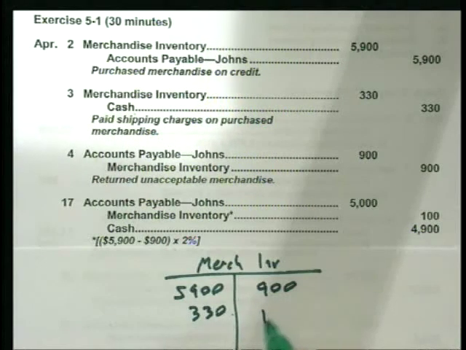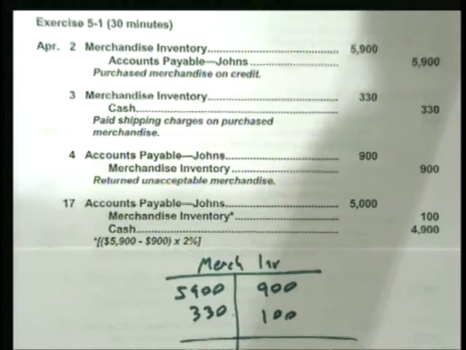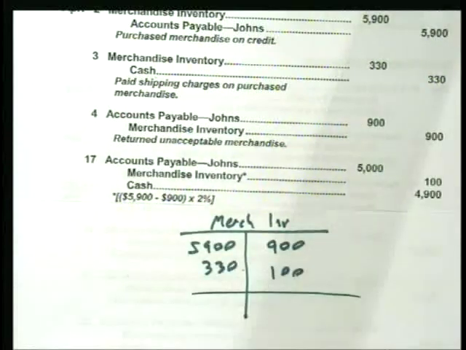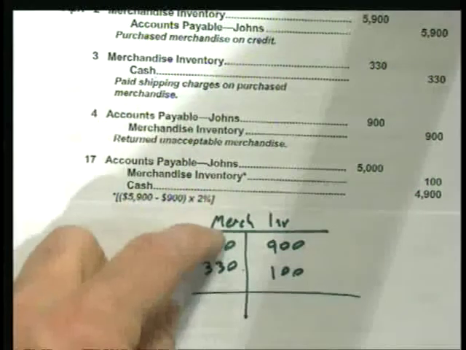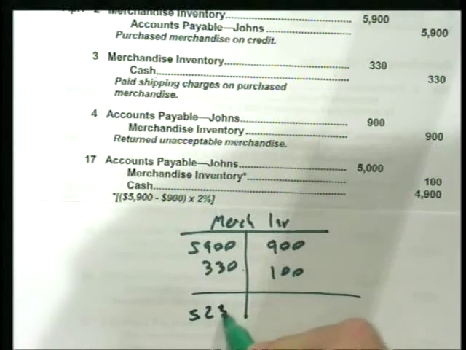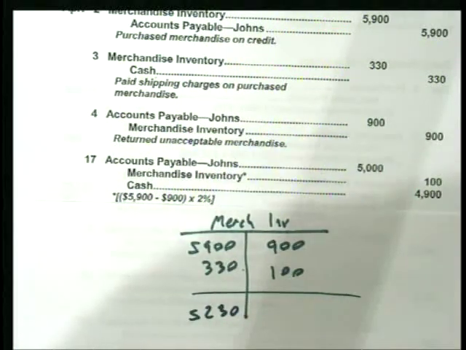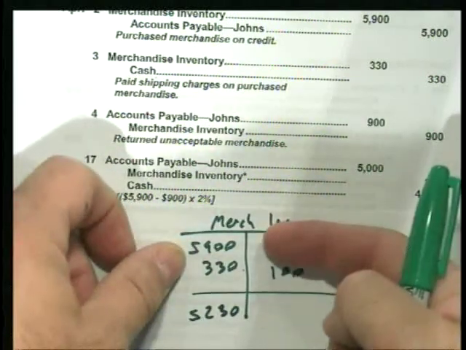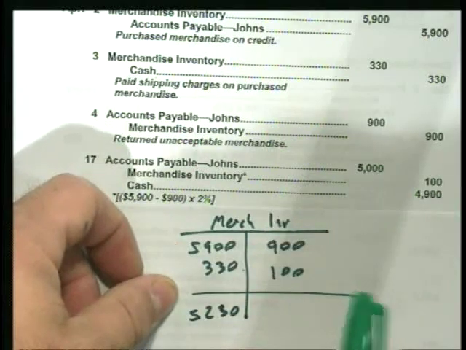And then we reduced it by $100. So total, in the end, that merchandise inventory, let's see, I think that's 5,230. Is it? Somebody bang that out.